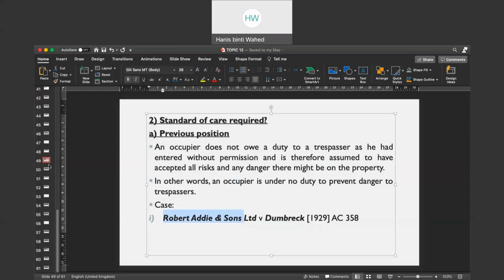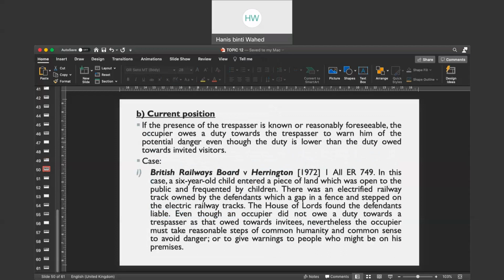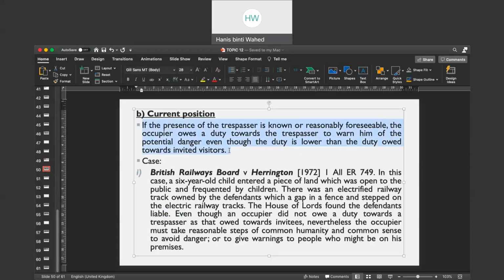Okay, but now the occupier has a duty. The occupier has a duty to a trespasser if the presence of the trespasser is known or reasonably possible. Okay, so there is a duty if the occupier knows of the existence of the trespasser at the premise, or it is possible that there will be a trespasser.